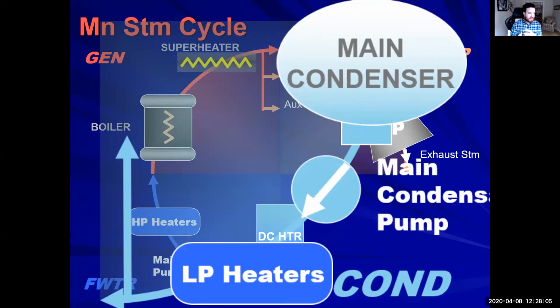Okay, the big thing to realize with it is that both turbines drive the ship's shaft together. All right, it's not one or the other, they work together to turn the shaft.